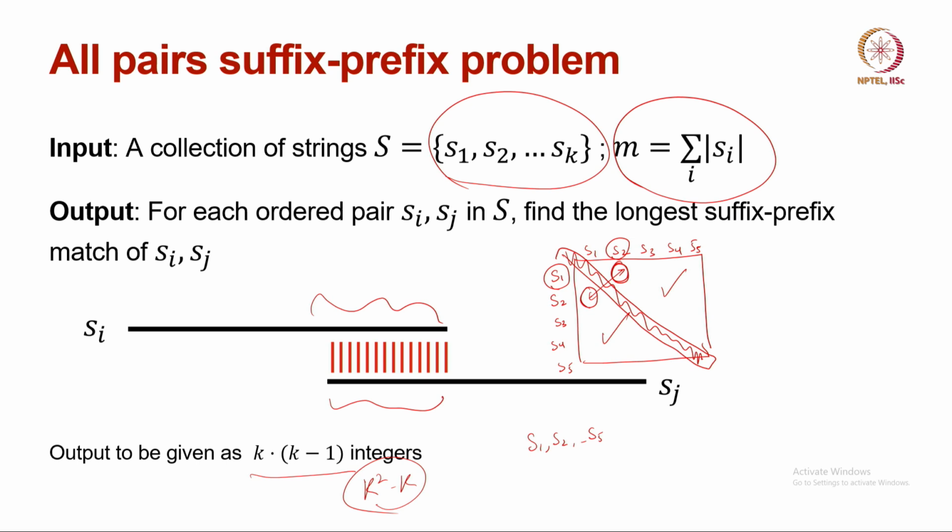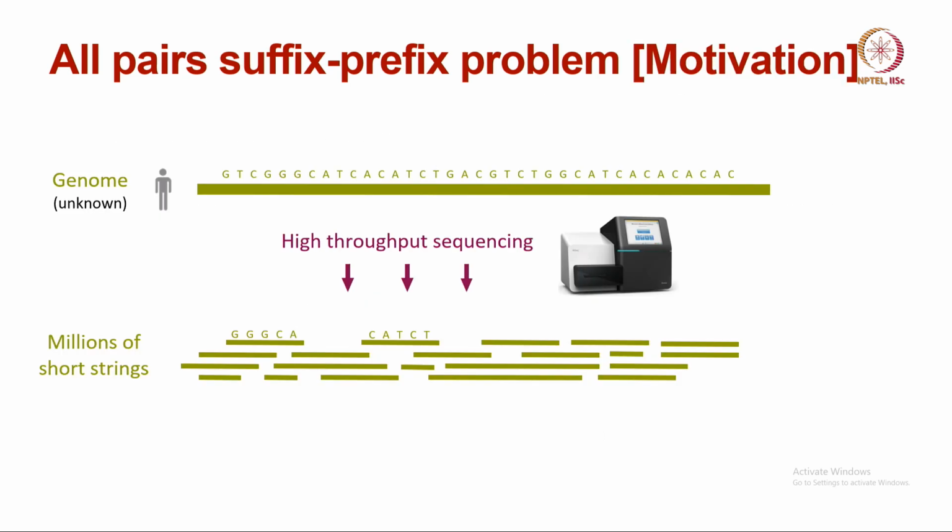Now, why is this problem important? Well, this has a biological relevance, because remember that when we were discussing in the original introduction chapter, I mentioned that when we sequence the genome, instead of getting the entire sequence as output, what we get is millions of short strings from the large genome sequence. Because of the technological limitations, these instruments cannot read the entire sequence, and what we get as output is millions of short strings.